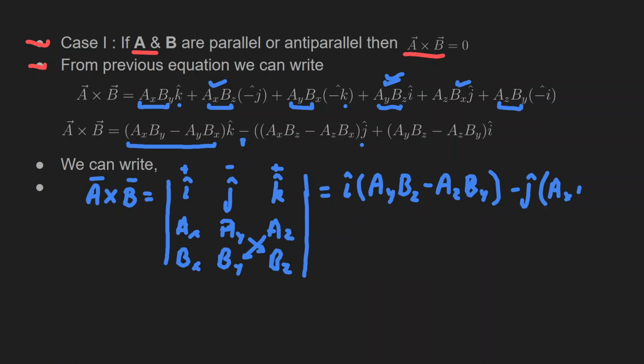For K cap, we will hide the row and column of K. So we will multiply these two, so it becomes AX BY minus these two terms, that is AY BX. So this is what we get.